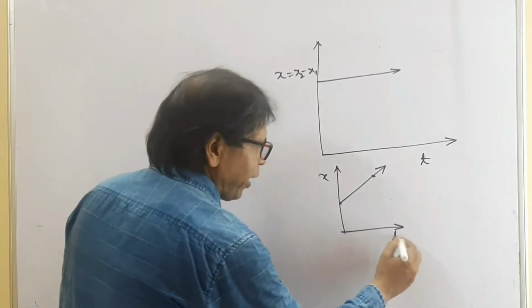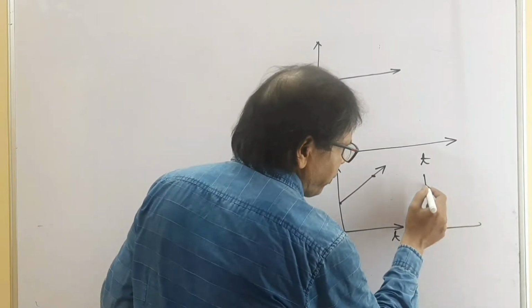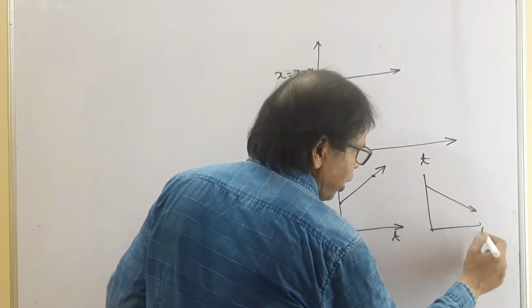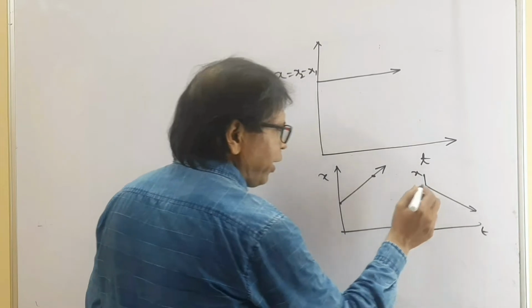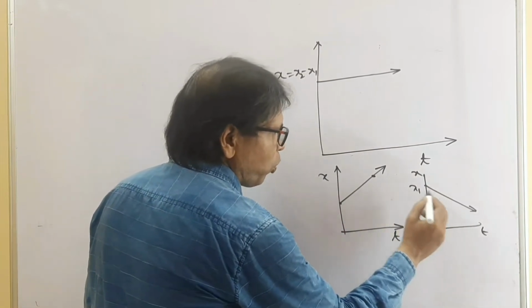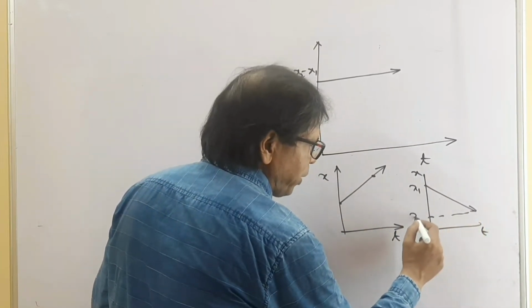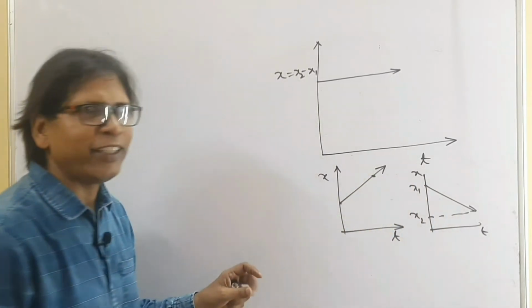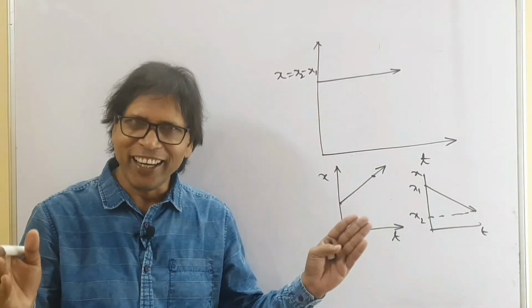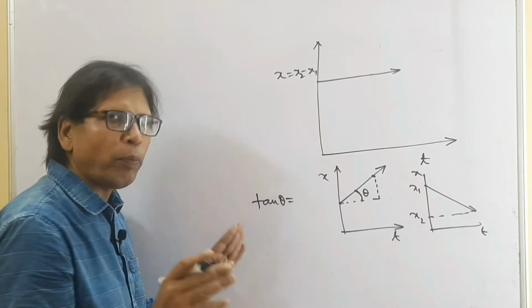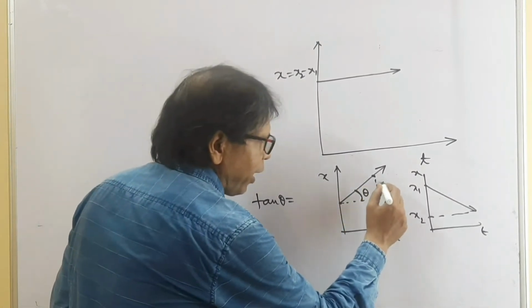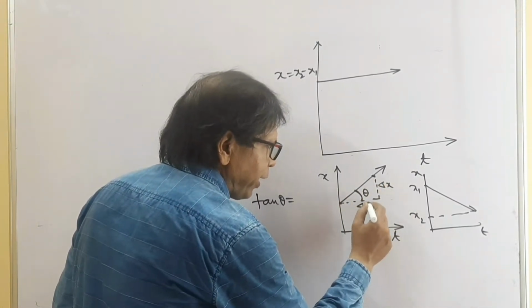Okay, now again look at this, it represents negative velocity. Here initial displacement x1 is more than the final displacement x2, so this represents negative velocity. Okay, now slope of the xt graph: this is delta x and this is delta t.